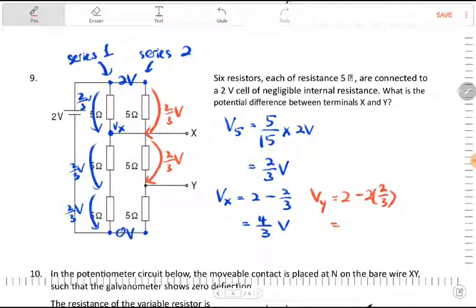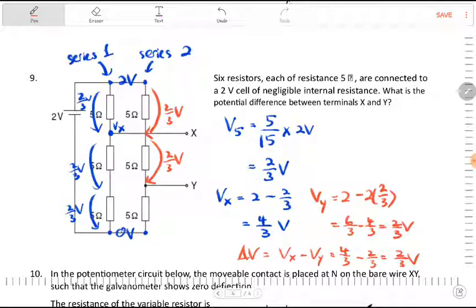If you do some calculation, that is like 6/3 minus 4/3, then you should get 2/3 volt for the potential at Y. Then if you want to find the difference, of course it is Vx minus Vy. Then you get 4/3 minus 2/3, so you get 2/3.